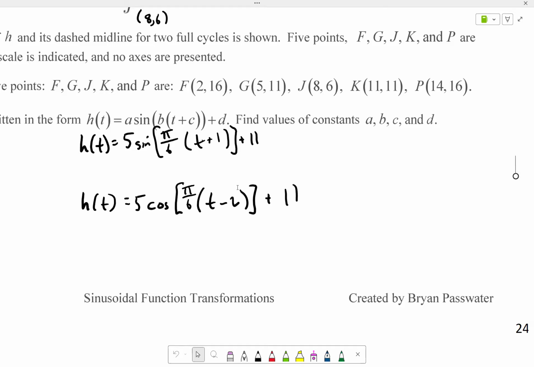Okay, so we have pi over 6 times, oops, I forgot. Pi over 6t plus pi over 6 plus 11. Do you see why I prefer the first one? It gives you the phase shift value.